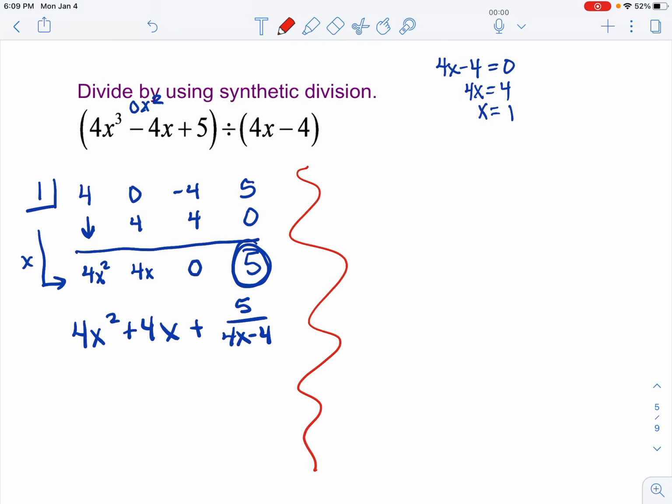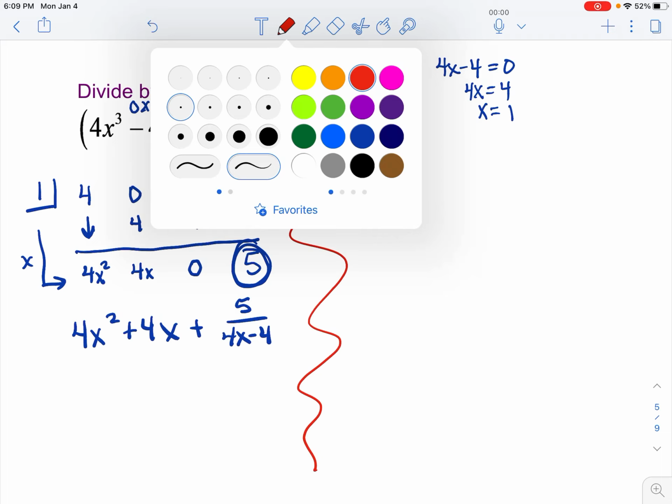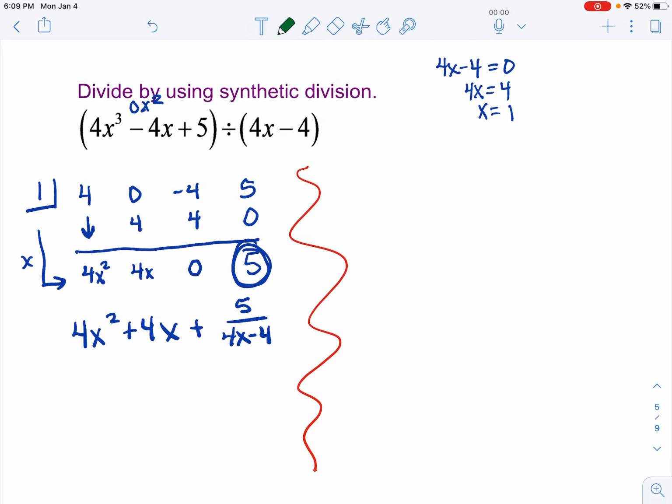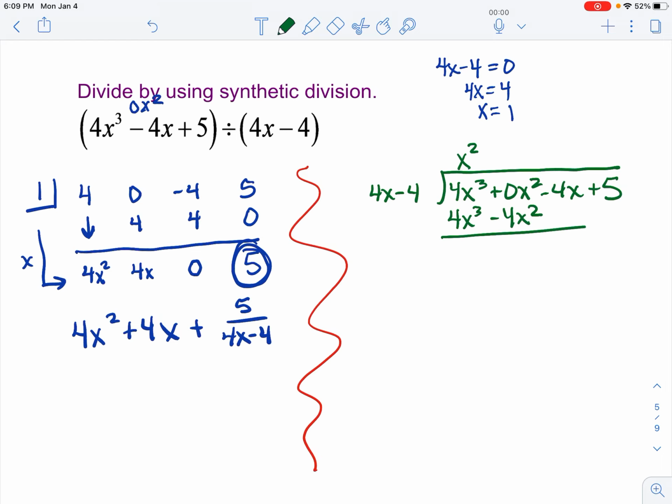But let's do long division and see what happens. To do long division, I'm going to put 4x minus 4 on the outside. Underneath, I have 4x cubed plus 0x squared minus 4x plus 5. What times 4x will go into 4x cubed? x squared. Distribute. Don't forget, we changed the signs here.